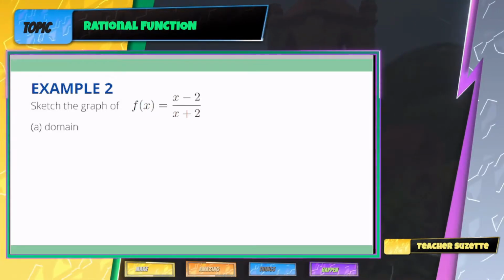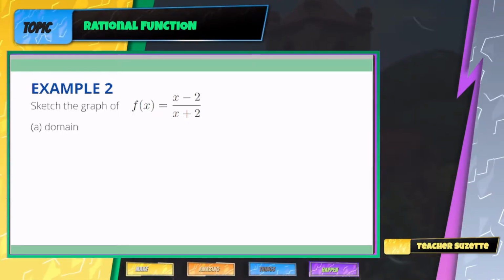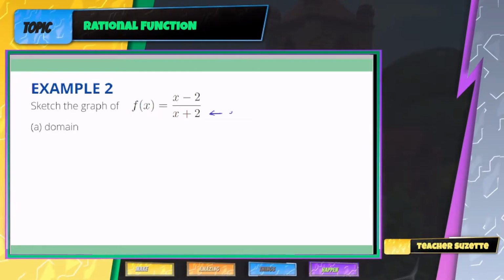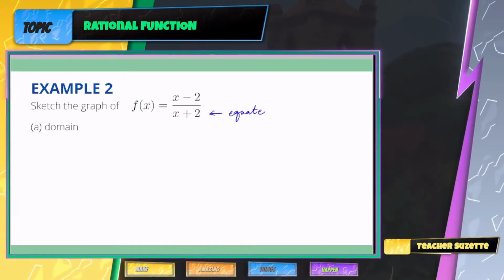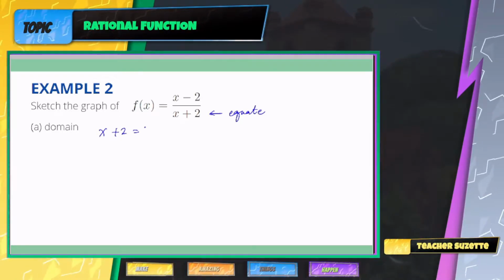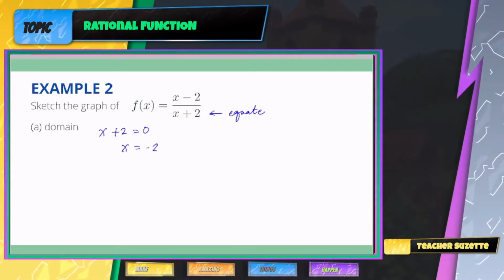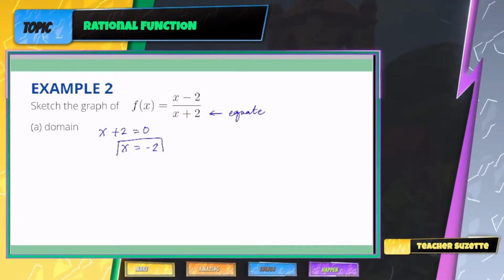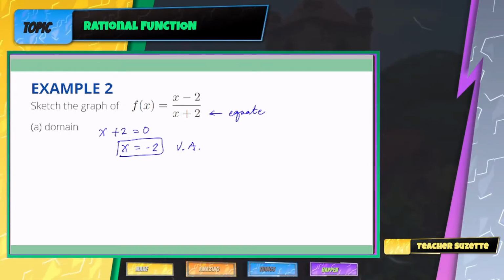However, there is a restriction, and this restriction will be taken from your denominator. So you equate your denominator: x plus 2 is equal to 0, which gives x equal to negative 2. And this x equal to negative 2 is already your vertical asymptote.